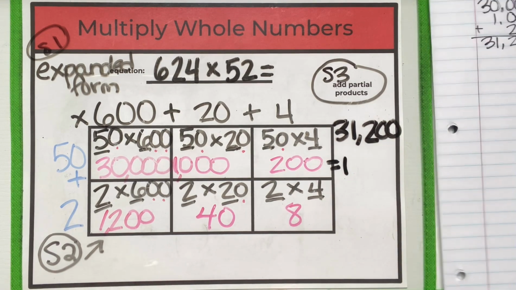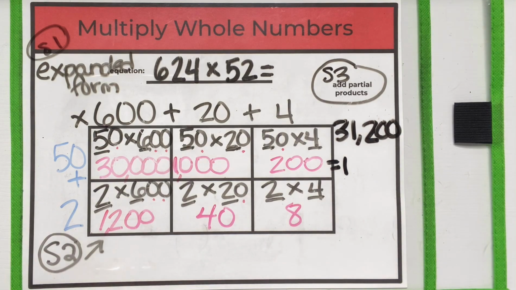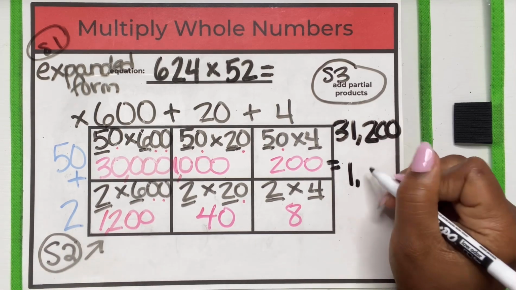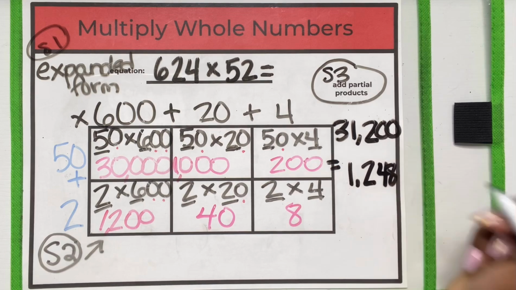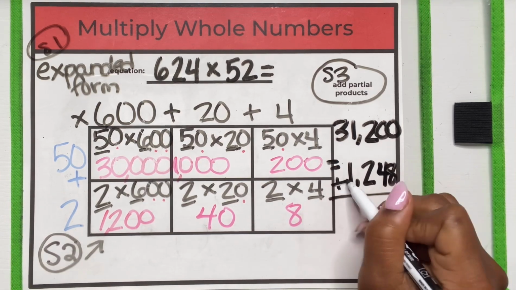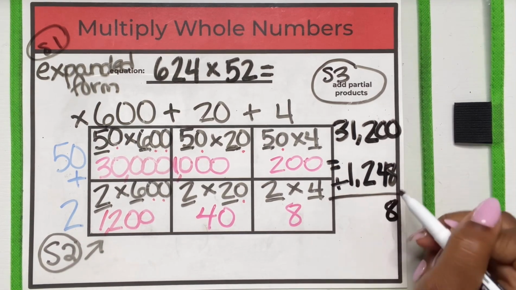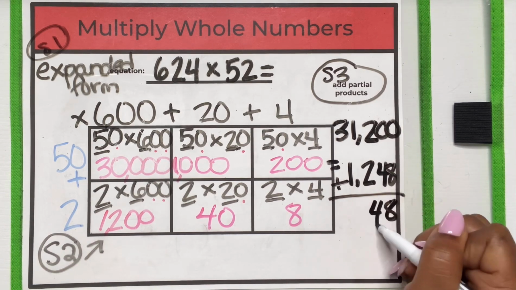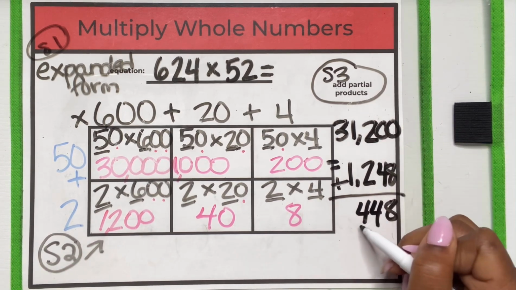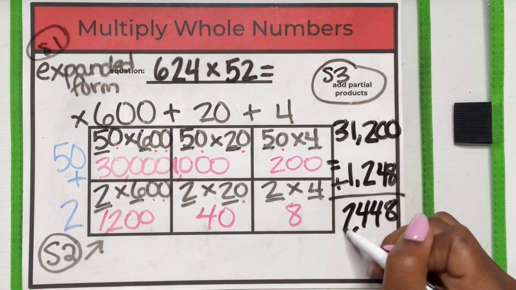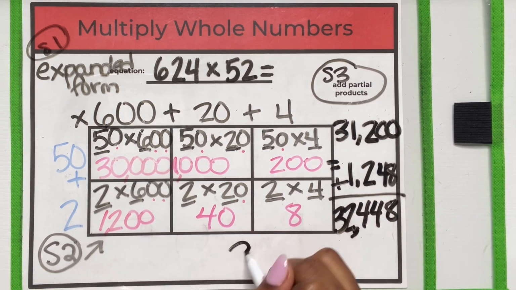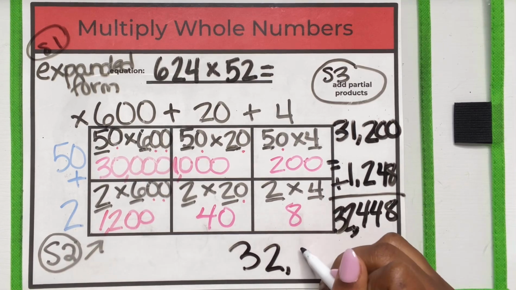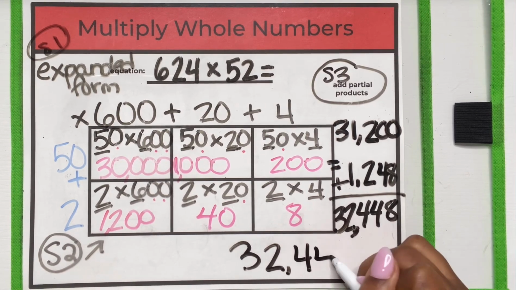Line my numbers up. Eight, 4, 2 plus 2 is 4, comma, 1 plus 1 is 2, bring down the 3. Your answer is 32,448.